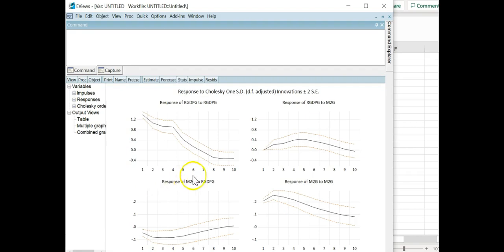All right. So for any assignments, I think it's sufficient for you to paste these impulse responses in as your results. I'll show you one other.